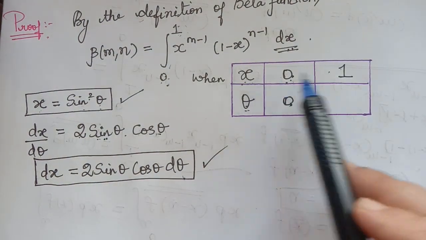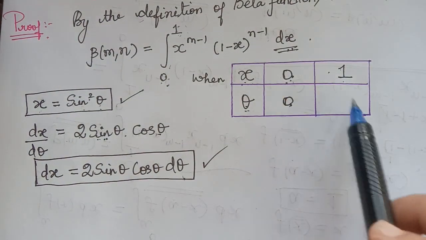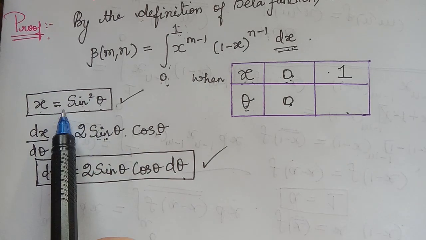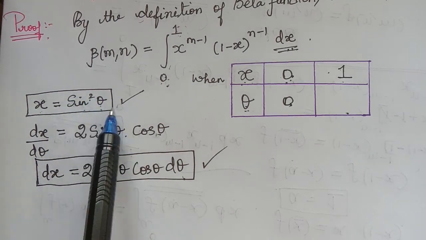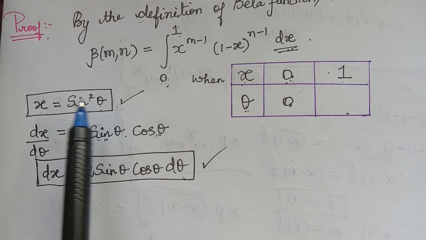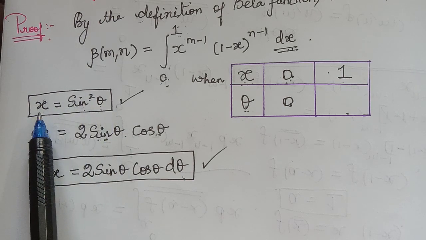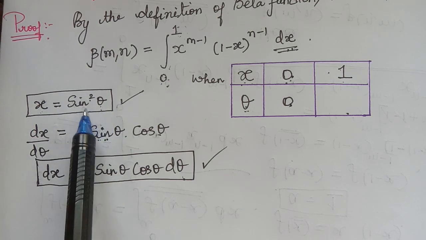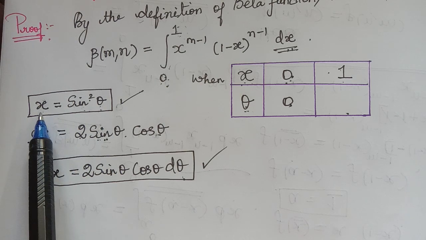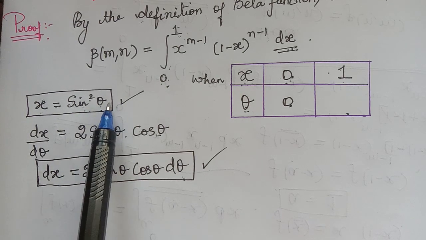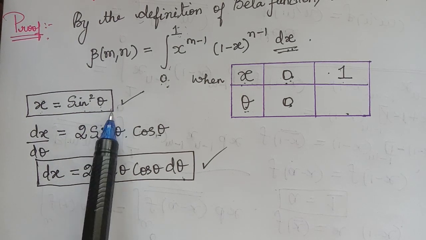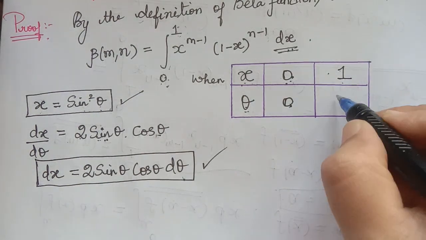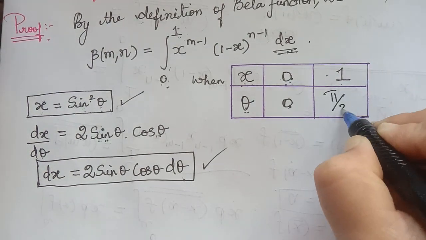And when x is equal to 1, what is the value of theta? So we have to check for which value of theta we obtain sine theta equal to 1. For sine 90, we obtain the value 1. But 90 can be written as pi by 2. So the value of theta has to be pi by 2.